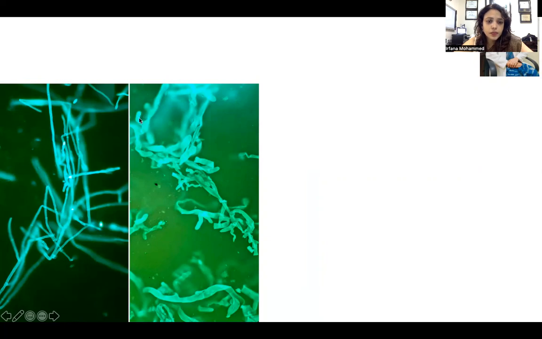Here, if you see, these are broad, ribbon-shaped and aseptate or pauciseptate type of fungal hyphae. So this is a typical description which you can see for Aspergillus, and this is for the Mucorales group of organisms.